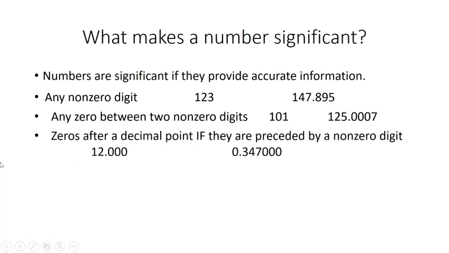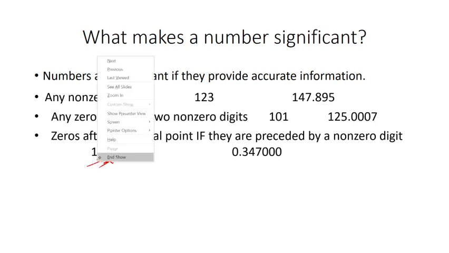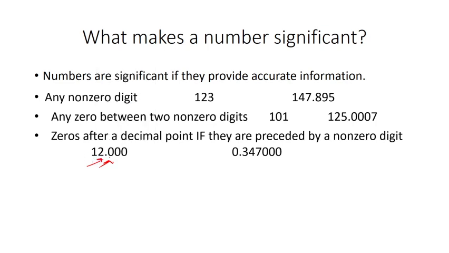Then zeros after a decimal point, if they are preceded by a non-zero digit. So like here, after a decimal point, and they are preceded by non-zero digits, that means all of these zeros are significant.